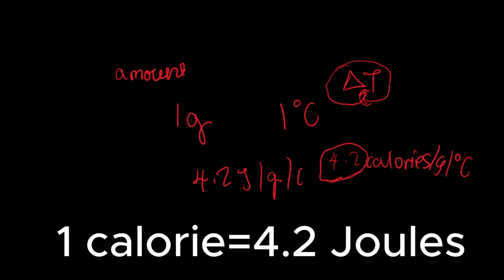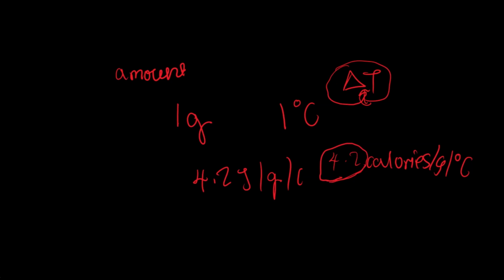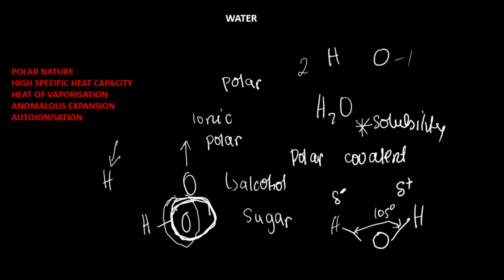And this is important because the body and cells are made up of proteins, and these proteins and enzymes work at a specific temperature range. So a significant change in temperature could actually denature these proteins in the cell.